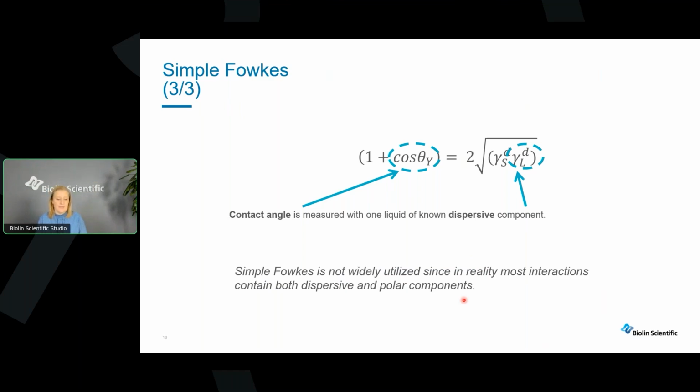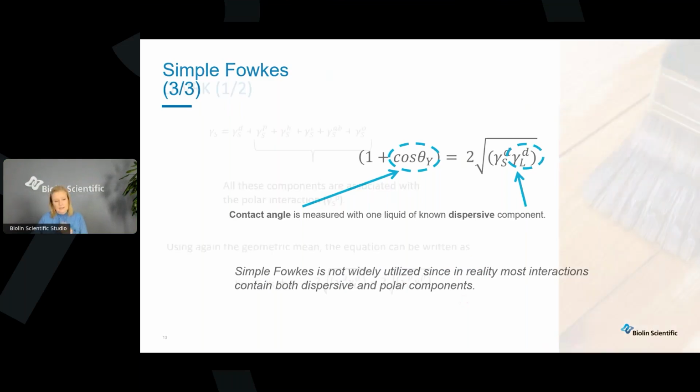And again, this method is not very widely used, since in most cases you don't have only dispersive interactions, you would also have polar interactions on your solid, or between the liquid and the solid.